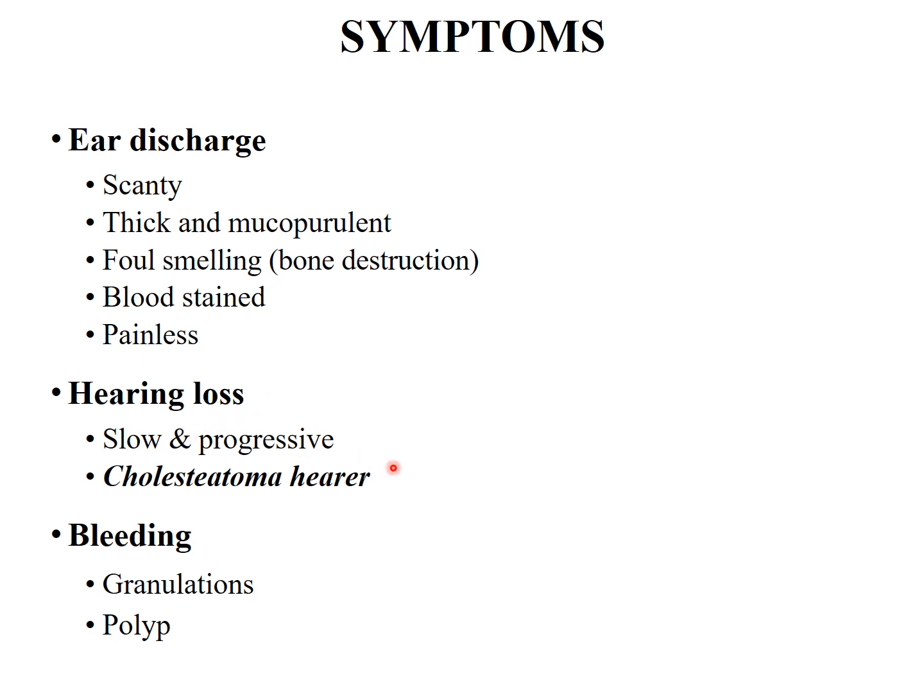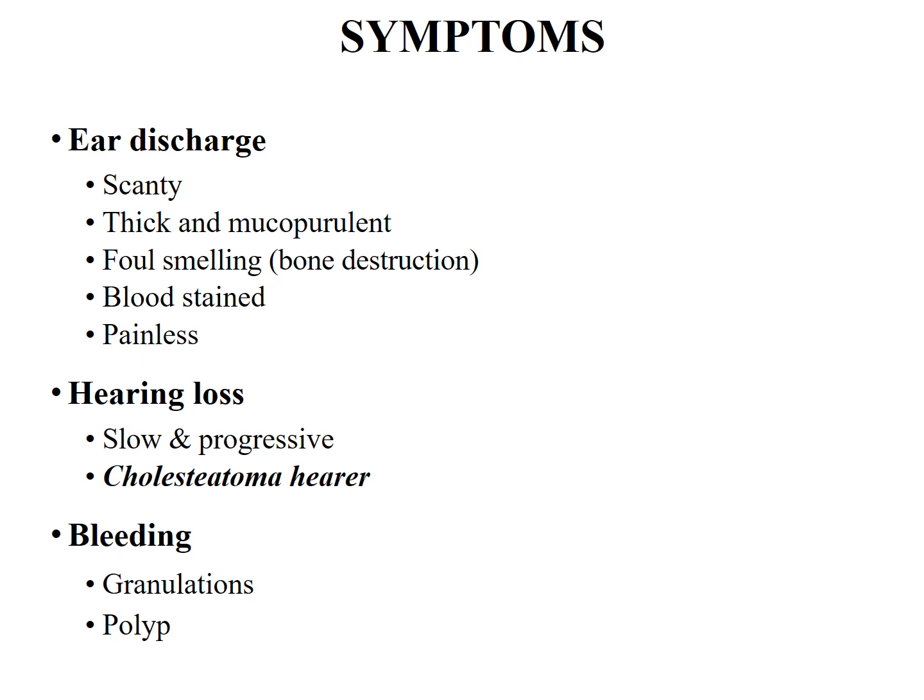Sometimes what happens with cholesteatoma is there is a term called cholesteatoma hearers. What is this? Because the cholesteatoma erodes the ossicles, but the patient may not complain of too much hearing loss, as the ossicles, though destroyed or necrosed, are replaced by the cholesteatoma sitting at the place of the ossicles and helping in conduction of the sound.